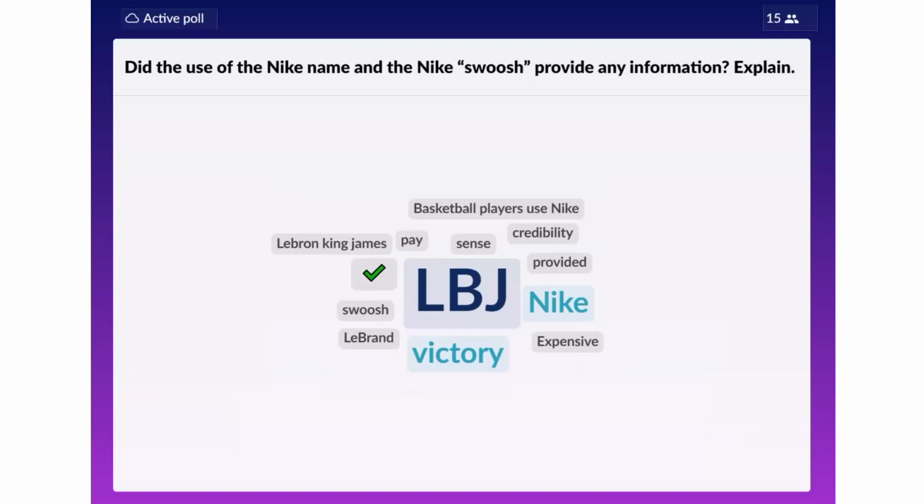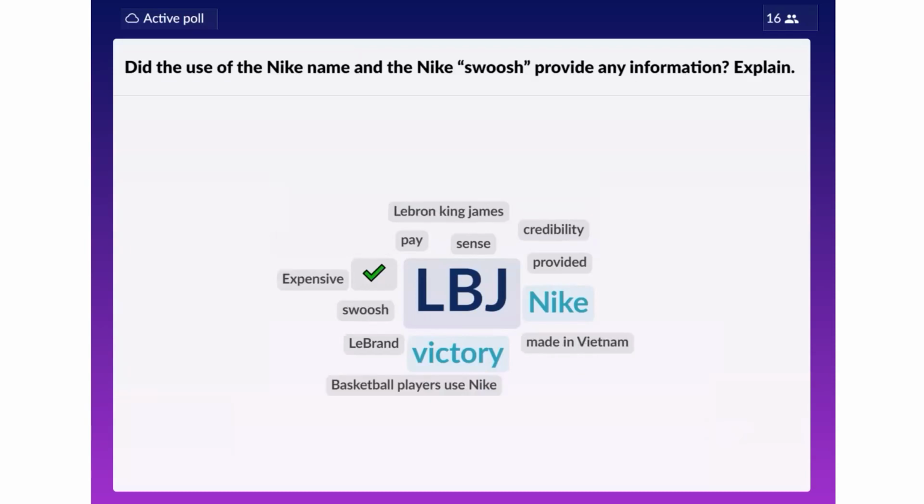But if this is a new brand that we don't know that much about, seeing the brand name and the logo is providing information for consumers to realize there's a new product on the market, and it is endorsed by LeBron James. For Nike, there's much less information here because most people know Nike so well.